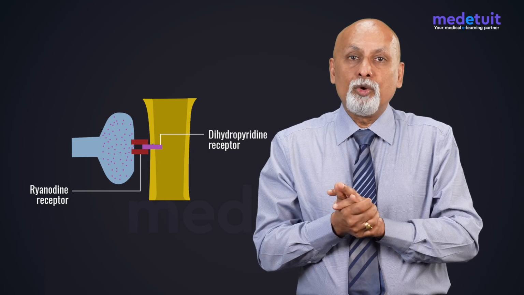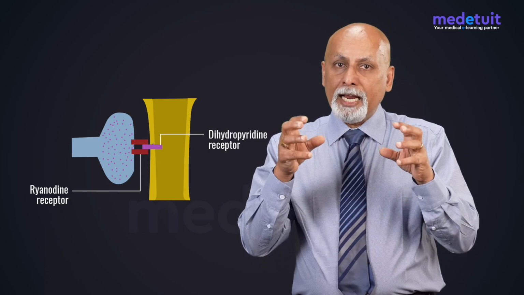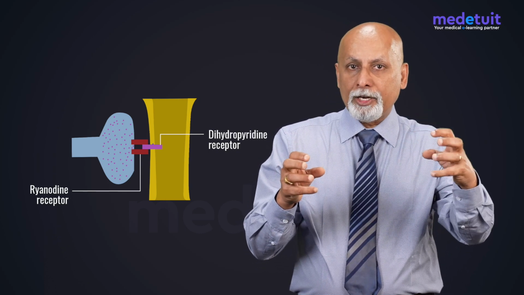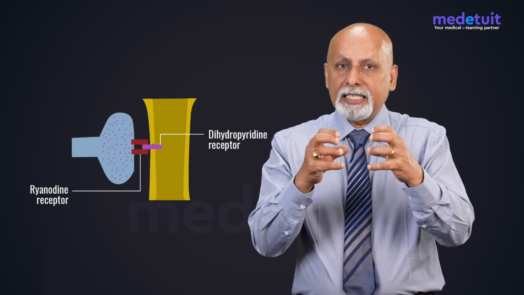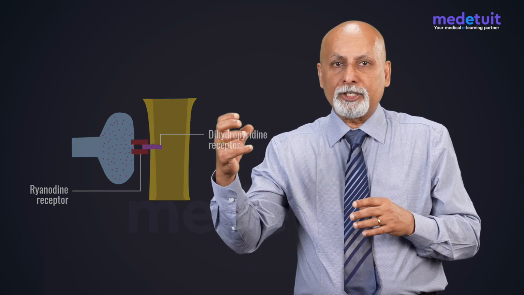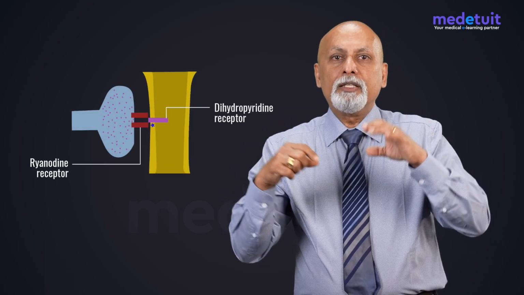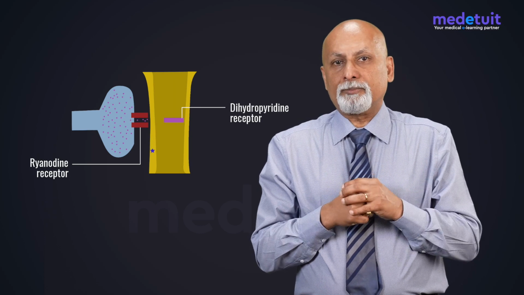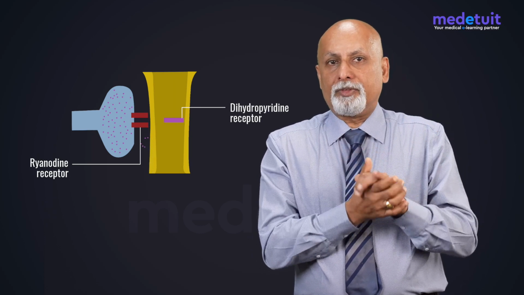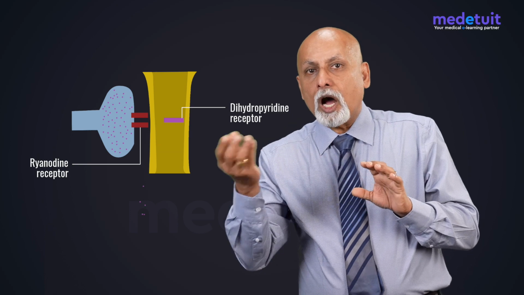Yes, the ryanodine receptor. So, the dihydropyridine receptor and ryanodine receptor are the connecting link between the action potential and the development of muscle contraction. So, action potential triggers the dihydropyridine receptor, and this dihydropyridine receptor unlocks the calcium channel, the ryanodine receptor. The stored calcium in the terminal cistern goes out.